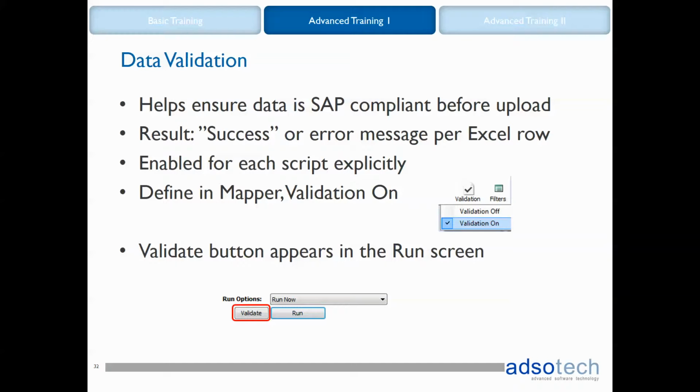So an incorrect amount, meaning that there's something wrong with the amount in regards to the decimal points or something like that, or there's a typo in the currency key or something like that. We get those error messages back. If there's nothing wrong with the data, then our log message says success.